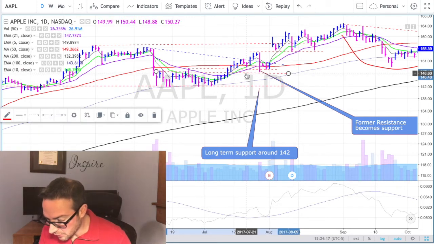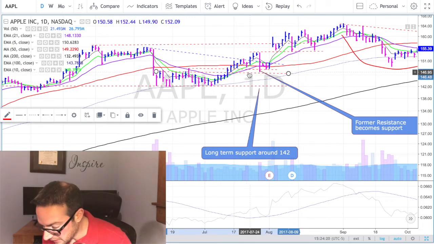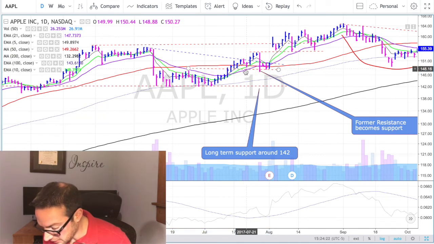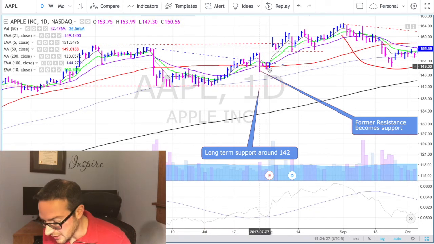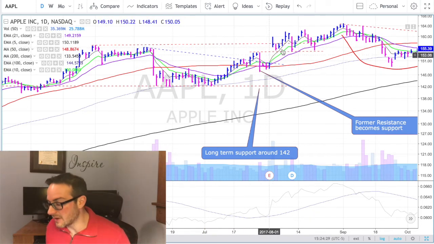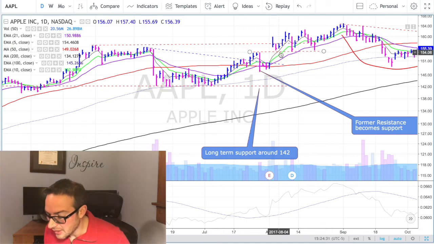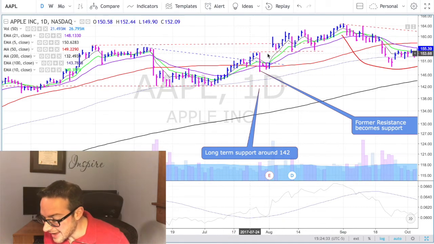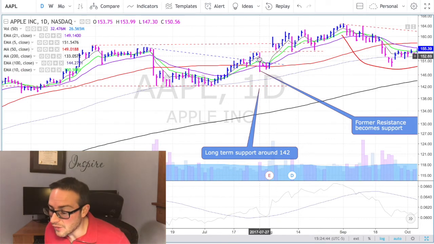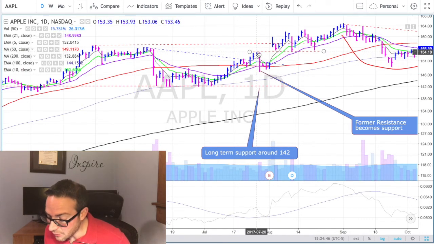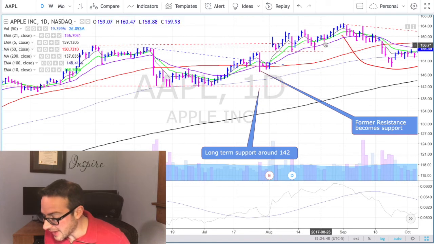So I'm just going to remove some of these lines because we see a lot of clutter on this chart, right? Get rid of that one, get rid of this one over here, and you have that, and then you start to rally over here. Now, after you break out of that, you're getting more of a support zone over here, and that again is this former resistance level where you hit resistance and now it's acting as support, and then you start to rally a bit.